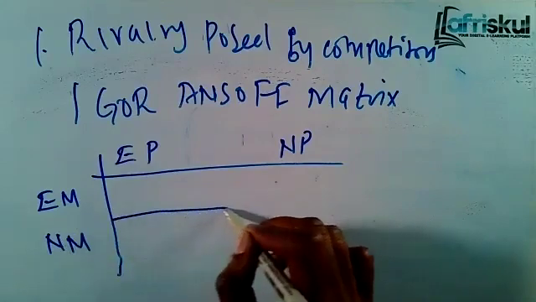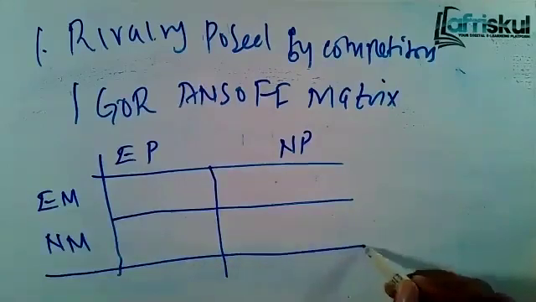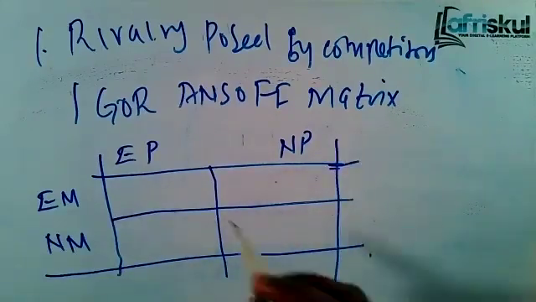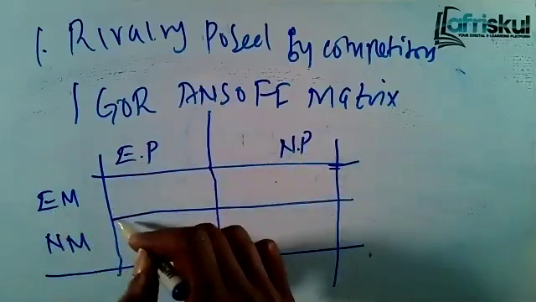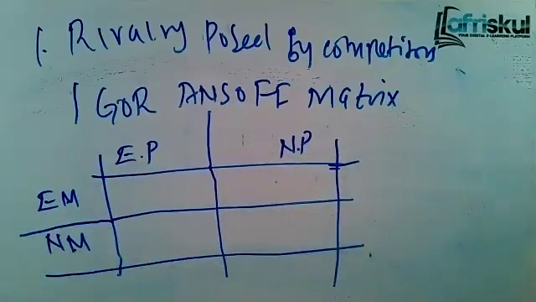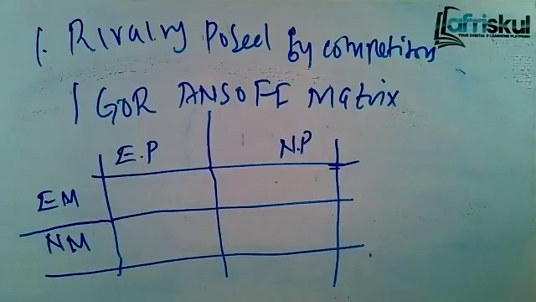In the exam, I hope you write the whole word. You don't write the initials the way I have initialized. So existing product, new product, existing market, new market. You are taking your existing product in the existing market.